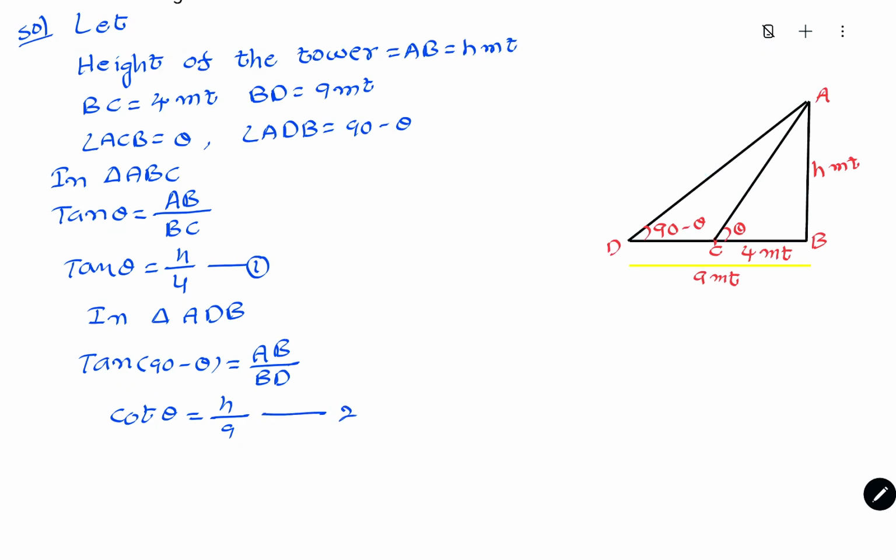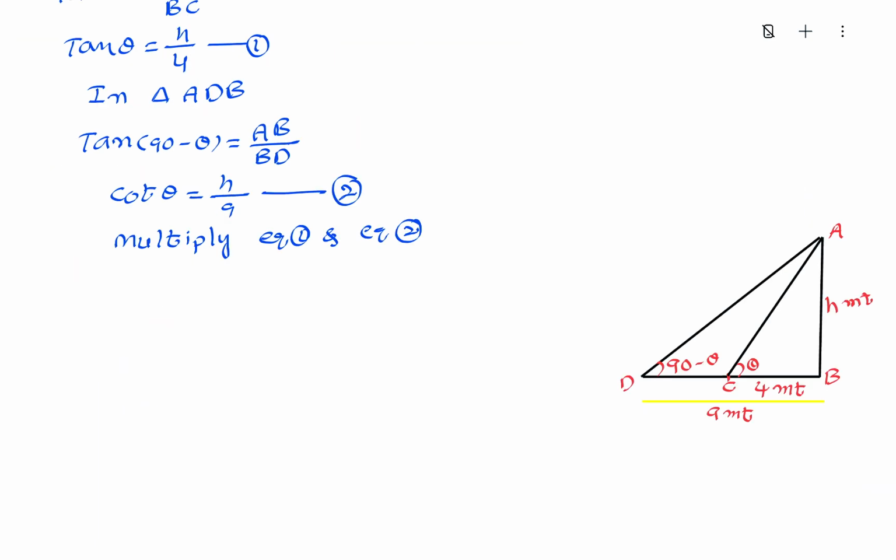This is equation number 2. Now multiply equations 1 and 2. Then tan theta into cot theta on the LHS is equal to h by 4 into h by 9 on the RHS.